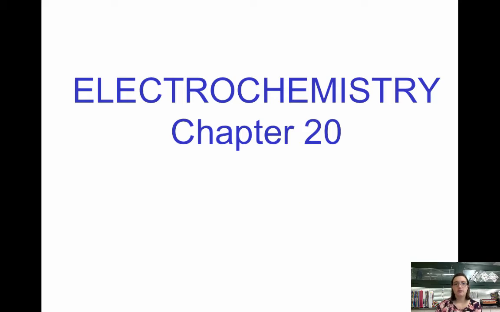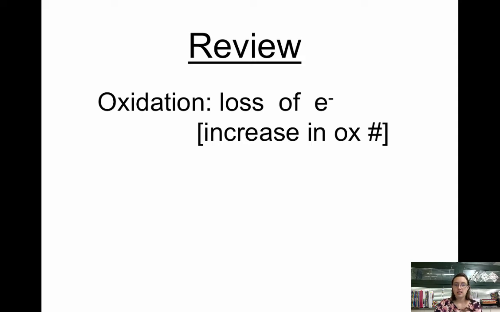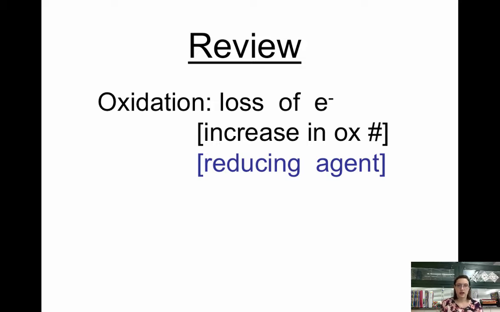Electrochemistry is all in chapter 20 of your book, but it's actually going to start in section 20.3, because 20.1 and 20.2 were oxidation reduction that we've already looked at. So just to review, remember that oxidation is a loss of electrons, which means your oxidation number is going to become more positive, and the reducing agent is what undergoes oxidation.